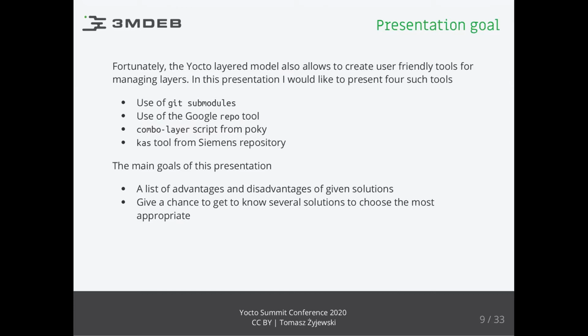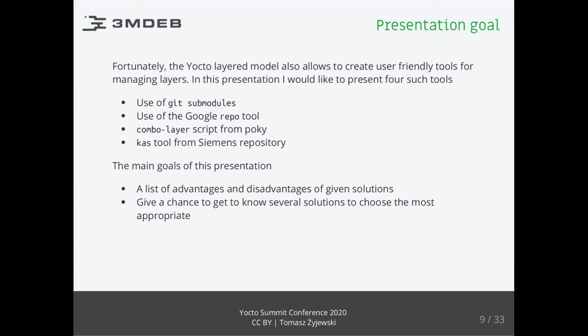In my presentation, I would like to present 4 such tools, and they will be the use of Git submodules, the use of the Google repo tool, a combo-layer script which is available from the Poky repository, and last but not least, the kas tool available from the Siemens repository.